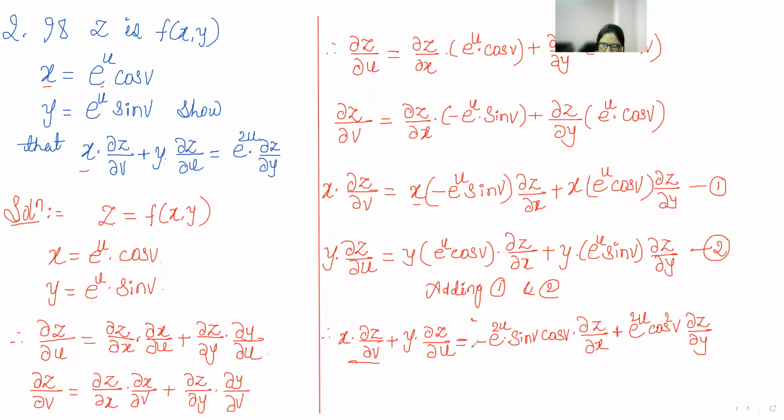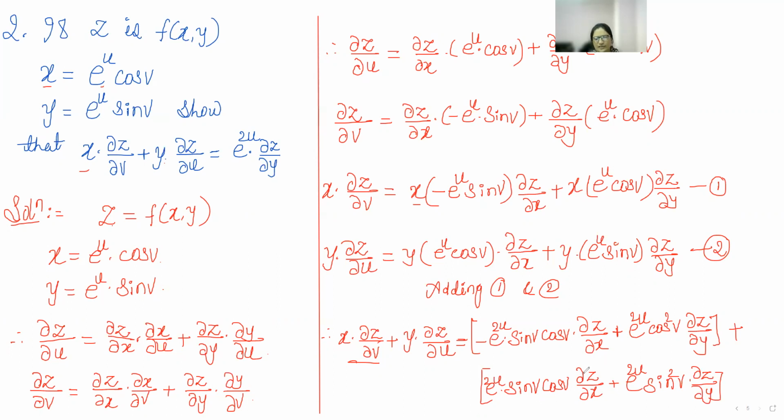After that, going for the next term y: e^u into e^u, that is e^2u sin v cos v ∂z/∂x, plus again e^u sin v into e^u sin v. So it is e^2u sin²v ∂z/∂y.